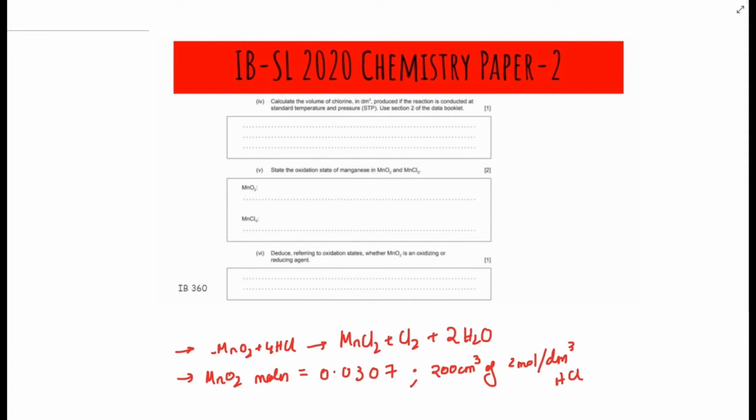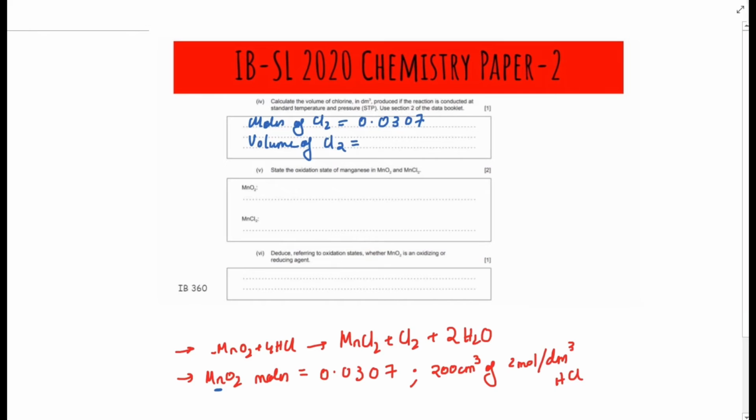Okay, in the next part, we need to calculate the volume of chlorine in dm cube produced if the reaction is conducted at standard temperature and pressure. Firstly, let's calculate the moles of chlorine that would be produced. We've already calculated that MnO2 is our limiting reagent. MnO2 and Cl2 are in 1:1 ratio. So moles of Cl2 would be equal to moles of MnO2, that is 0.0307.